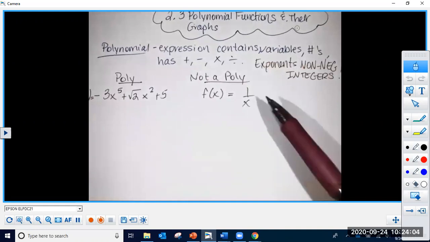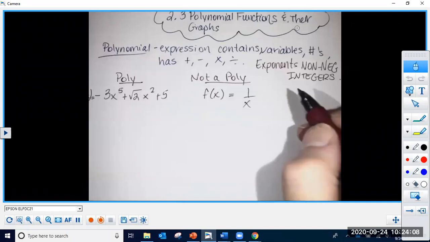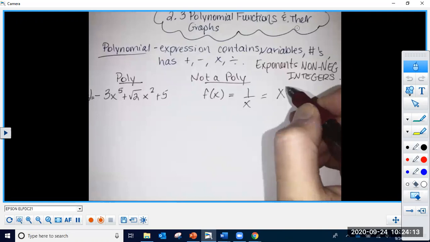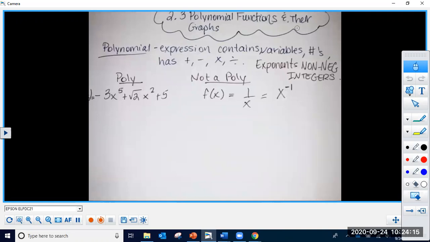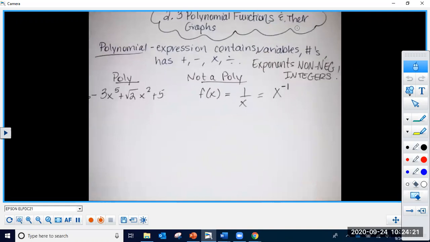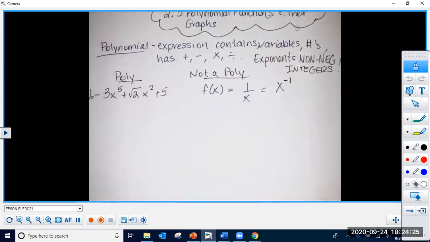When you have x or a variable in the denominator, that actually indicates that you have a negative exponent. So this is really equal to x to the negative 1 power. Do y'all remember that? A long time ago, maybe? So once again, just to check if it's a polynomial or not, check your exponents.